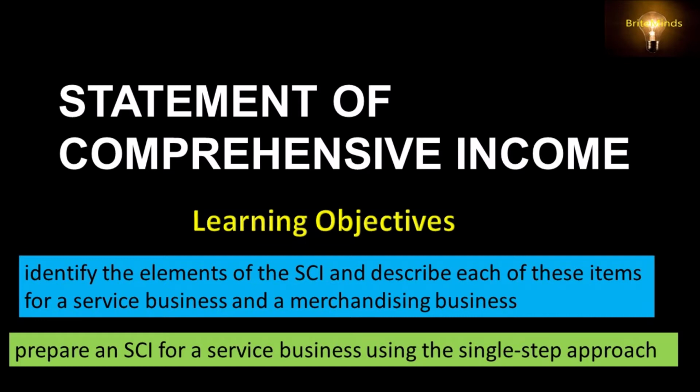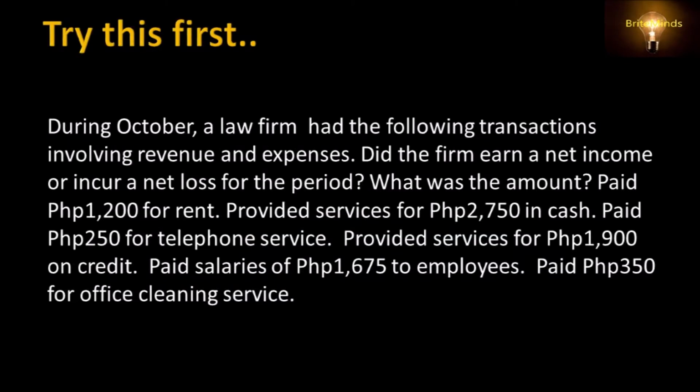Try to solve this one first. During October, a law firm had the following transactions involving revenues and expenses. Did the firm earn a net income or incur a net loss for the period? What was the amount?